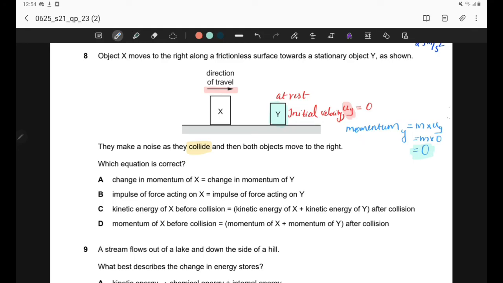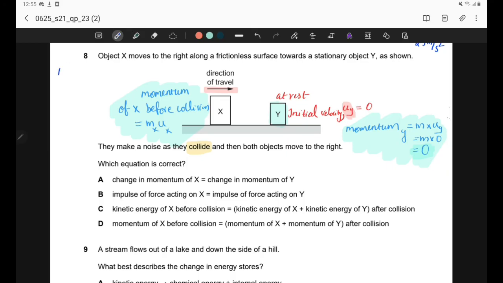But X is moving, so it will have a momentum, and its initial momentum, or momentum of X before collision, is the mass of X times the initial velocity of X. So we have, before collision, what is the momentum of object X and what is the momentum of object Y. Momentum of object Y is 0, but momentum of object X is there.